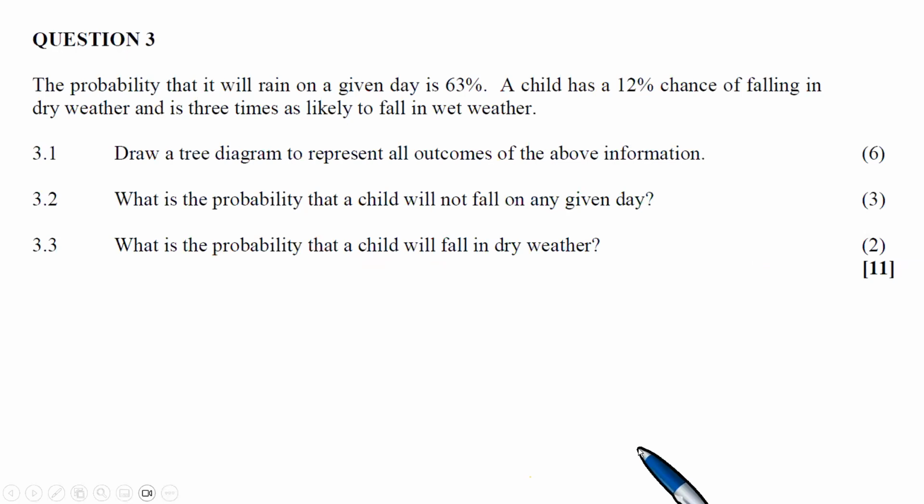Okay, we're looking at more probabilities now, but one thing that you need to learn is the idea of a tree diagram. We looked at two-way tables, mutually exclusive events, independent events, and Venn diagrams, but we are now looking at something we call a tree diagram.